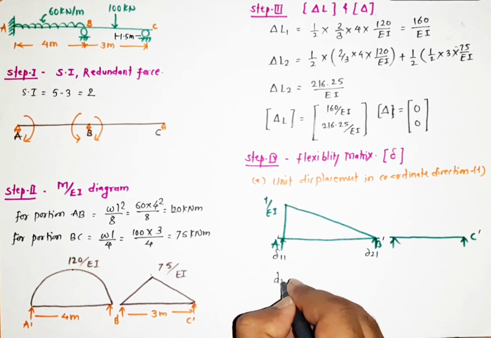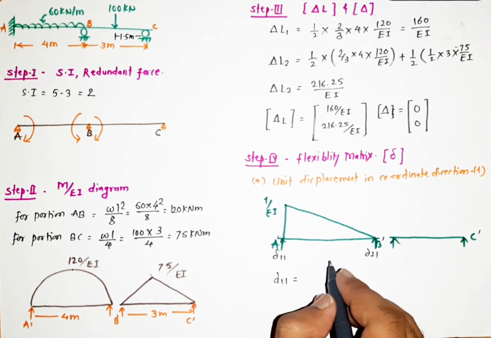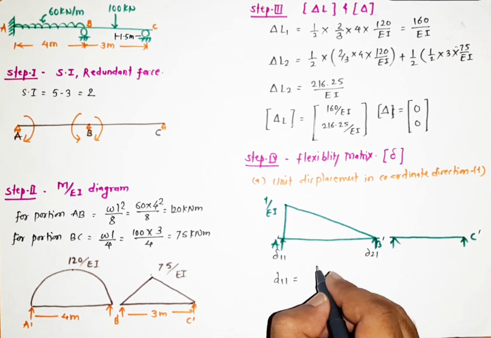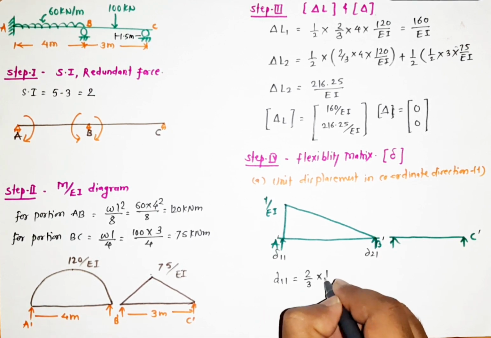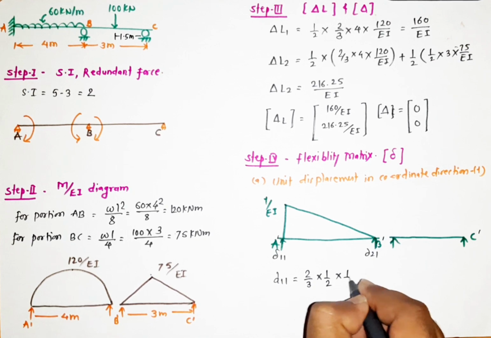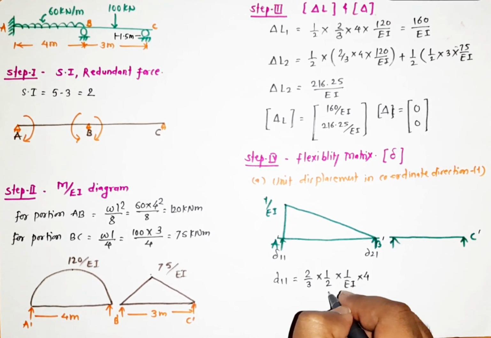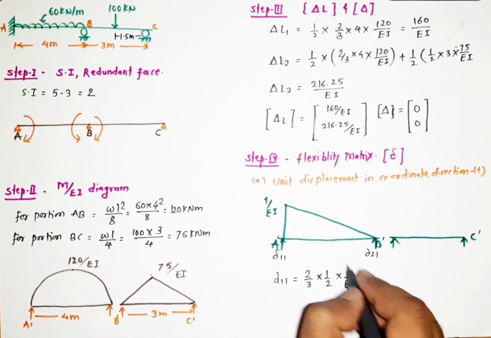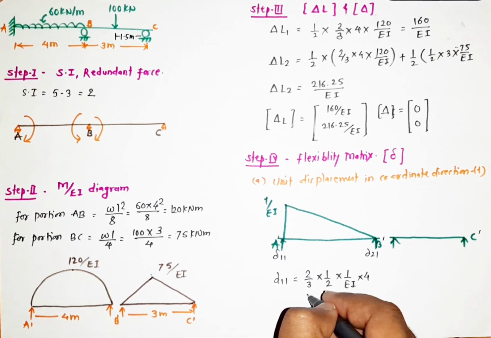That's why delta 1 1 is equal to the area of this triangle, 2/3 of 1 half into 1 upon EI into 4, that is 1 half base into height for this triangle, and this is 2/3, nothing but the CG of this triangle.